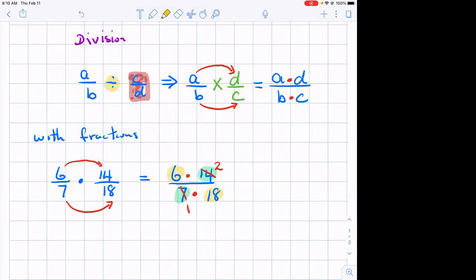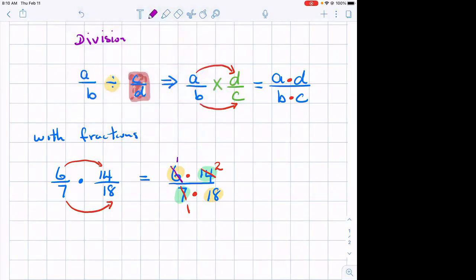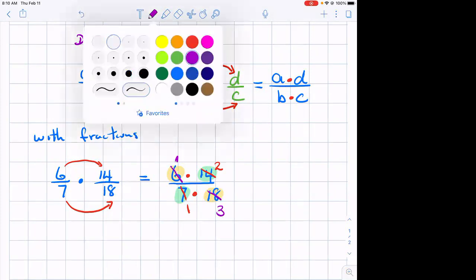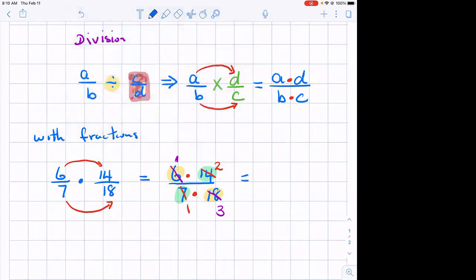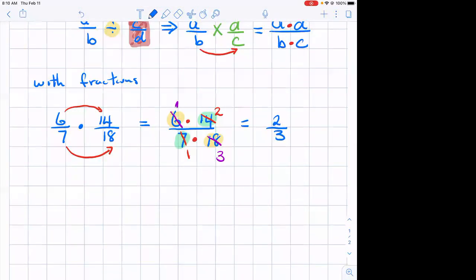What number goes into 6 and what number goes into 18? Well, 6 divided by 6 is 1, and 18 divided by 6 is 3. So this leaves us with 2 over 3. So that's one way.